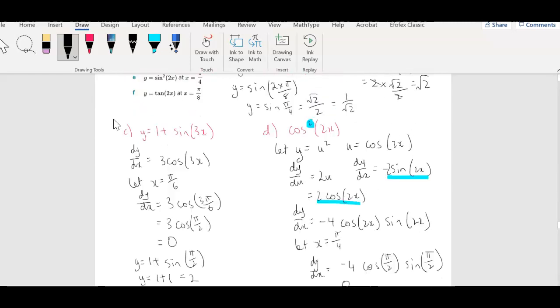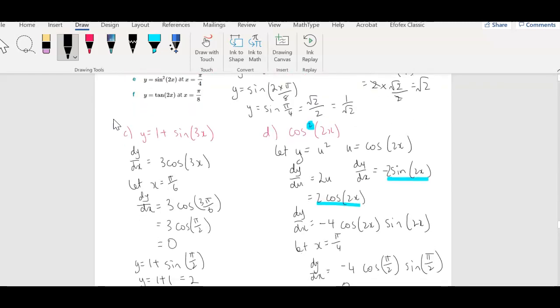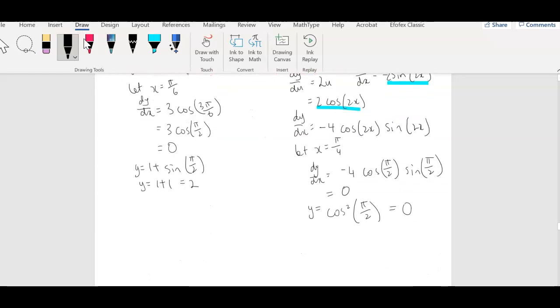All right, let's do a tan. So we'll do question F, tan 2x. All right, so finding the derivative, so dy dx.